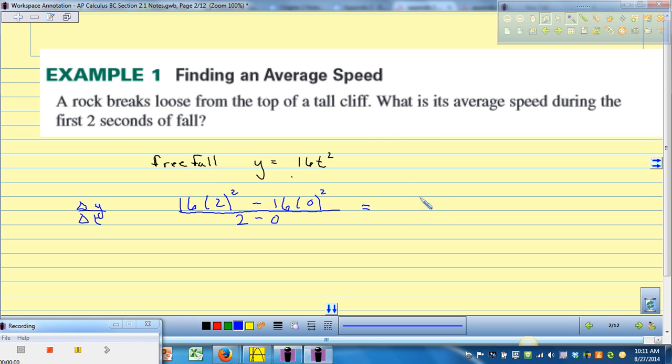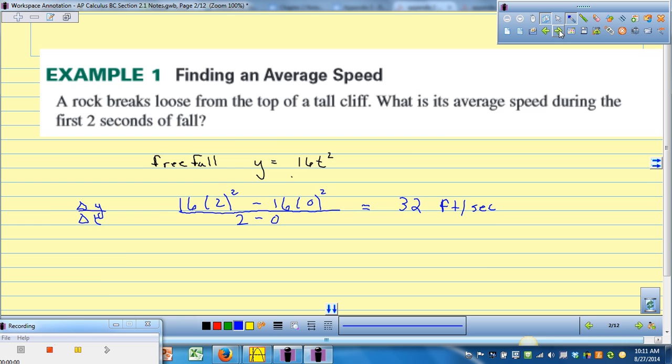And we get what? A little louder. 32. Thank you, we get 32. Just a calculation of slope using the function that we've given. And what were our units? Feet per second. Okay.